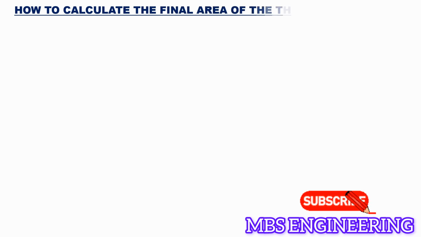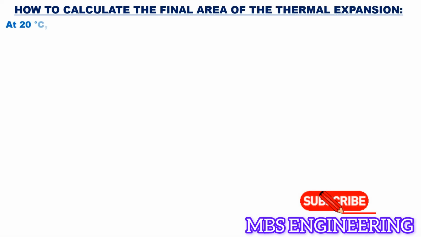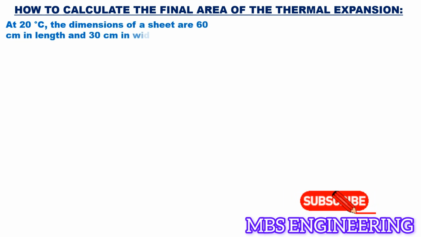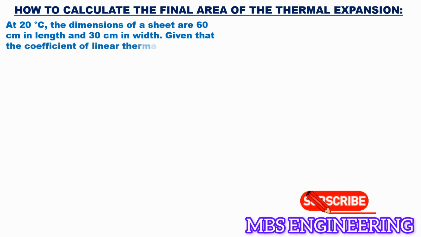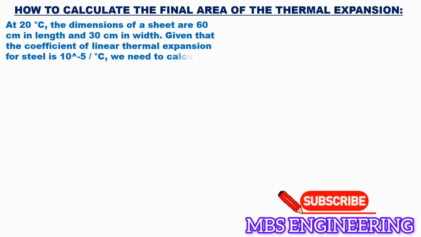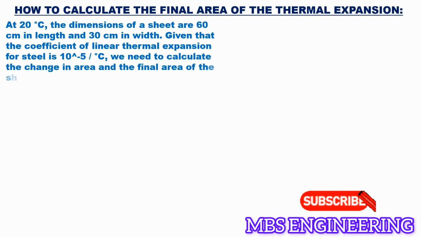Next, we will learn and understand how to calculate the final area of the thermal expansion. At 20 degrees Celsius, the dimensions of a sheet are 60 centimeters in length and 30 centimeters in width. Given that the coefficient of linear thermal expansion for steel is 10⁻⁵ per degree Celsius, we need to calculate the change in area and the final area of the sheet when the temperature rises to 60 degrees Celsius.